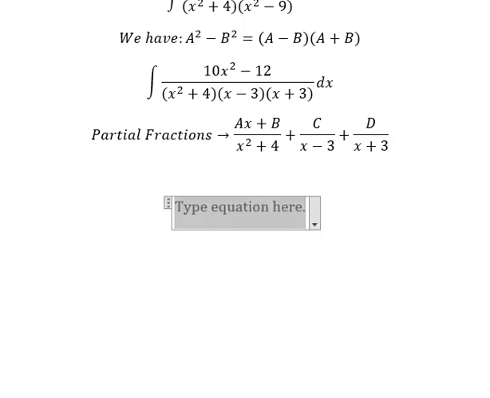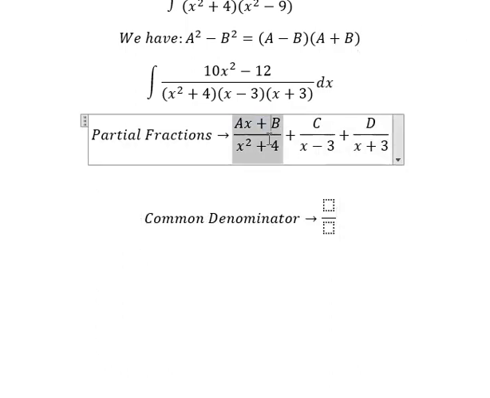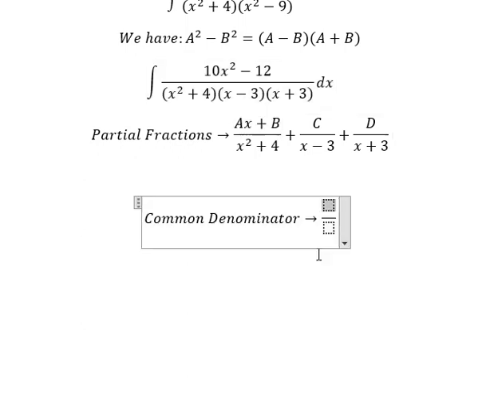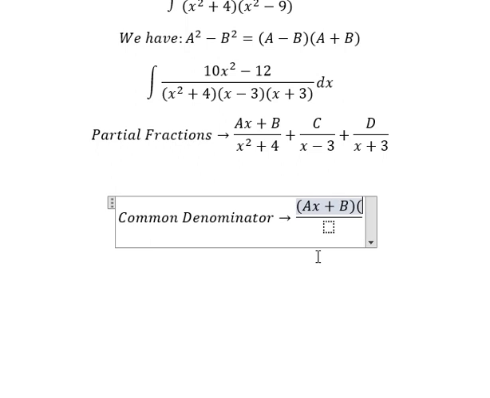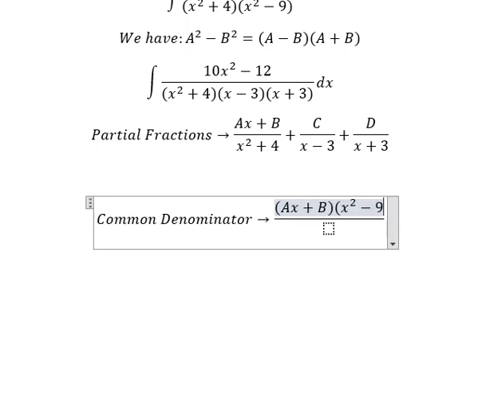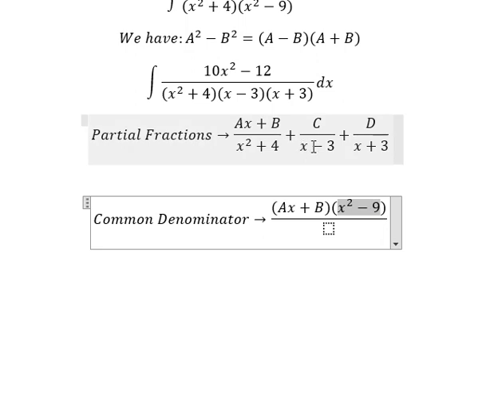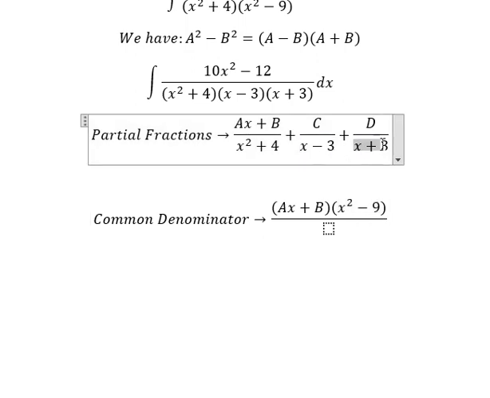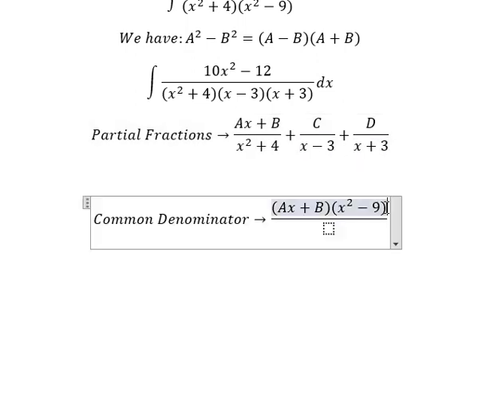Now we do common denominator. About this one, it is missing x minus number 3, x plus number 3. So ax plus b multiplied by x squared minus number 9, because this one contains x minus number 3 and x plus number 3.